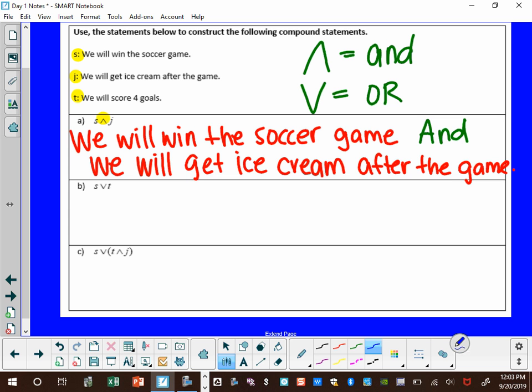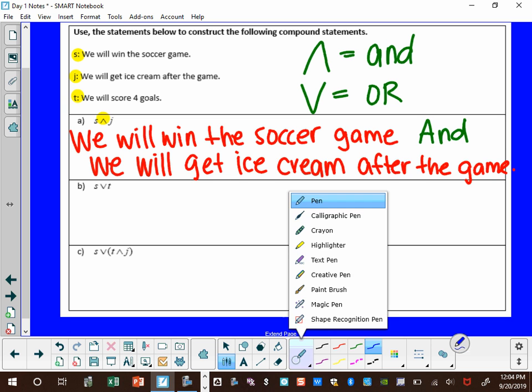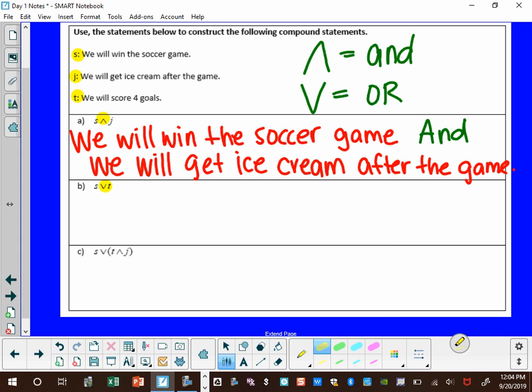All right, let's look at letter B. I have S, I have a symbol, and I have T. What does that symbol tell me? This is an or. We all agree with Diana? So Diana, what's my statement here? It has S or T. What does S stand for? We will win the soccer game.